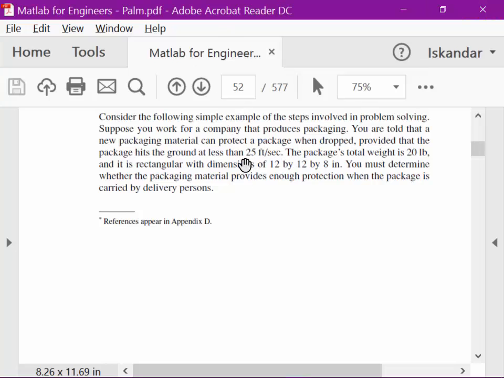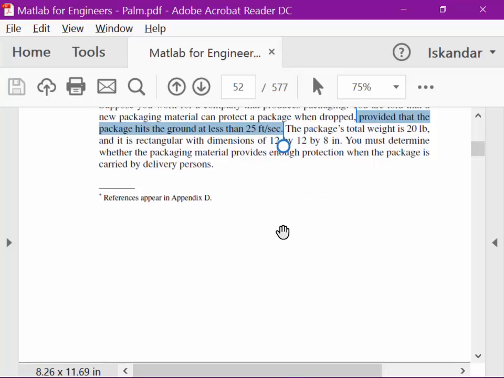So that's a key point: the package is good as long as your final velocity is 25 feet per second. The package weight is 20 pounds, and its dimensions are 12 by 8. Your job is, will this provide enough protection if the delivery person drops it?